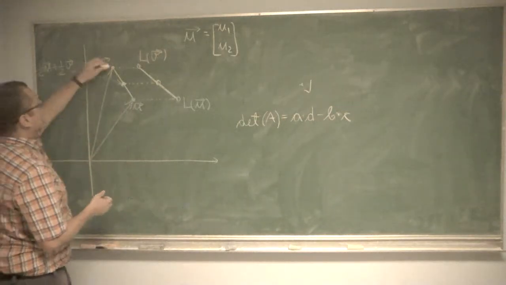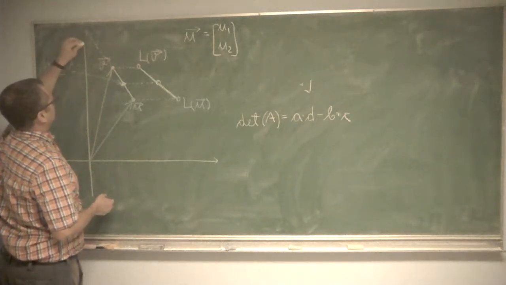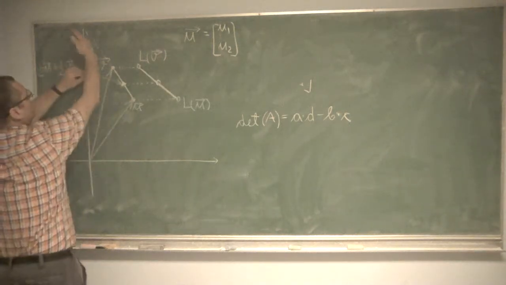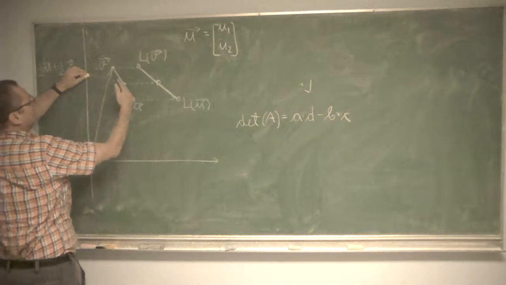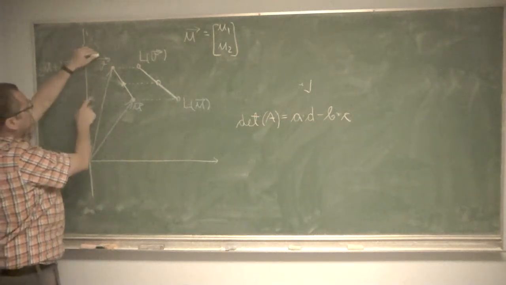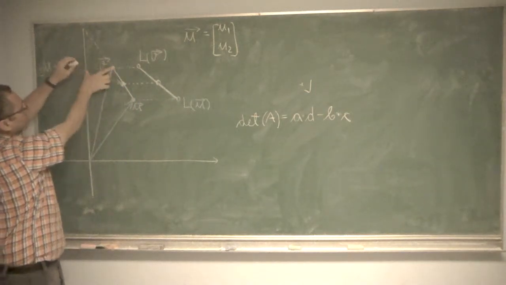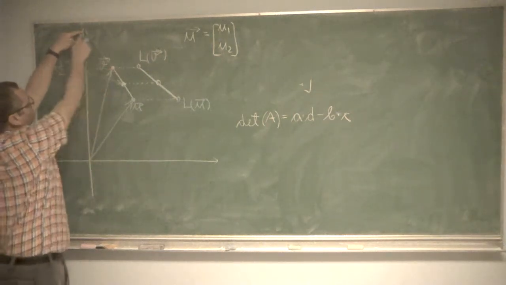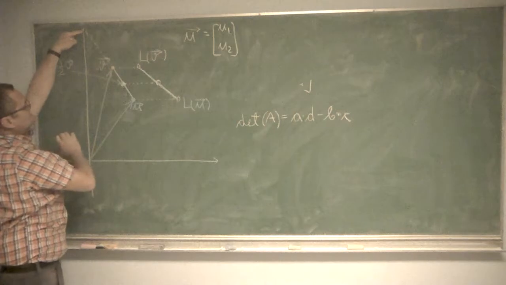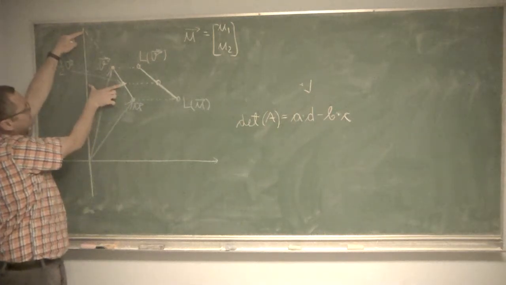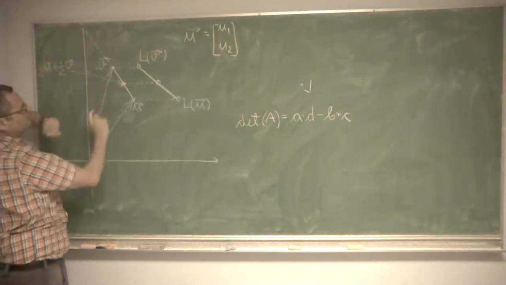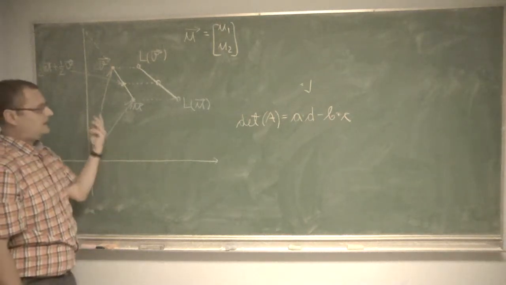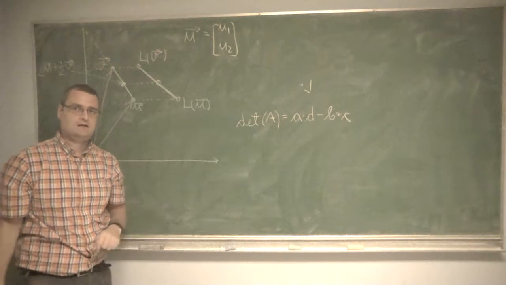To see that, you can look at the line through points u and v and think of the slope of this line with respect to the y-axis. That's rise over run. So rise over run for this point is the same as rise over run for this point, which is the same as rise over run for this point. They all have the same slope because they lie on the same line.